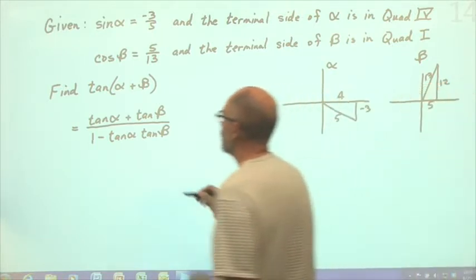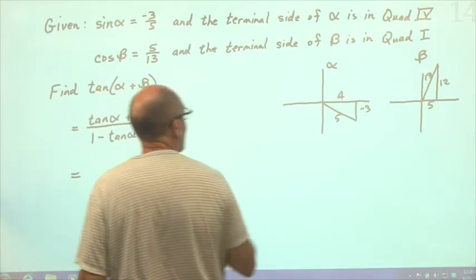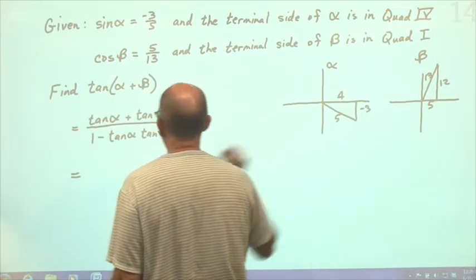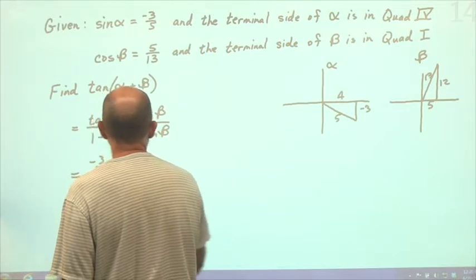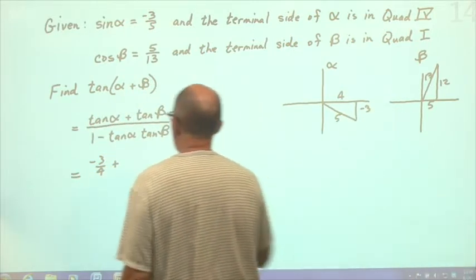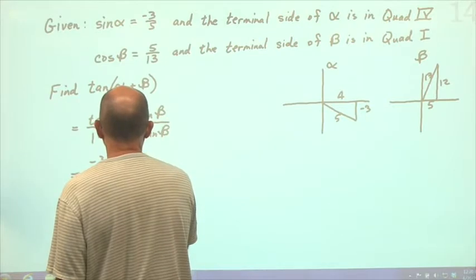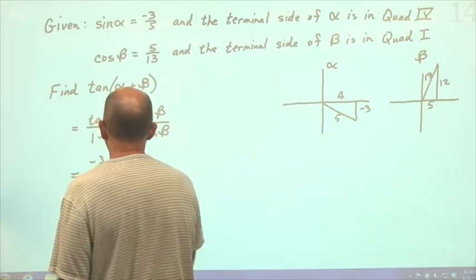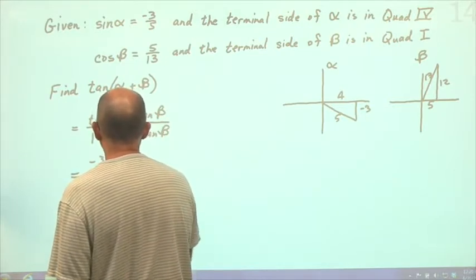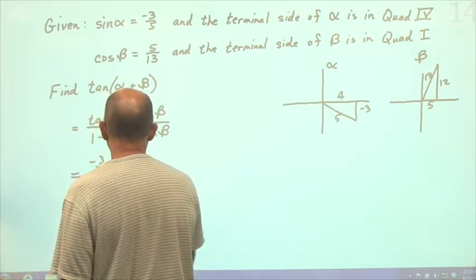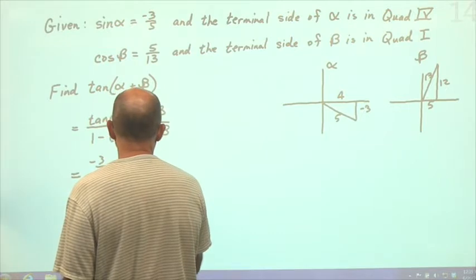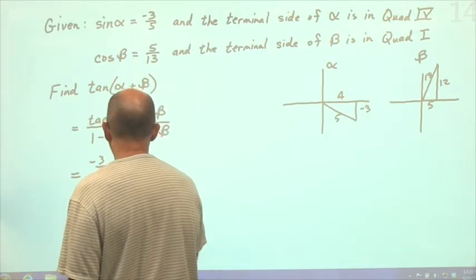So tangent of alpha is negative 3/4 plus tangent of beta, 12/5, over 1 minus negative 3/4 times 12/5.